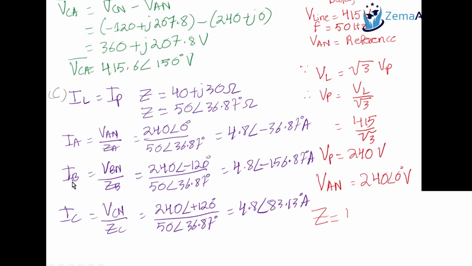In order for us to calculate the IB phase current, we must use VBN over ZB. Similarly, IC equals VCN over ZC. Now you do know that ZA equals ZB equals ZC because it is a balanced system. In the balanced system, all impedances are equal.